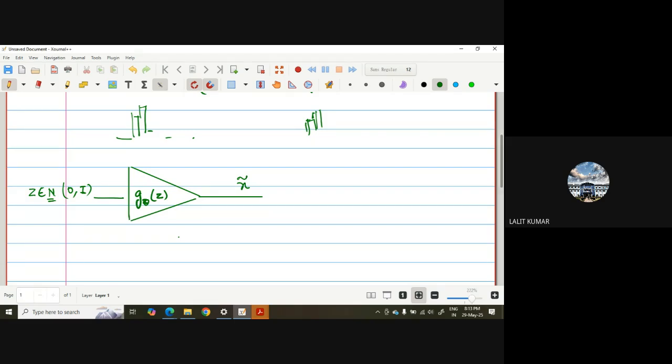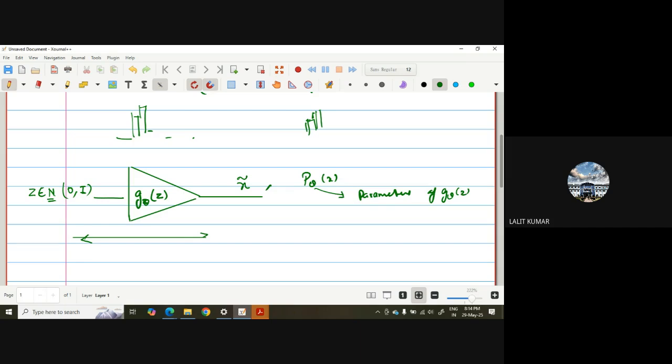We know that this neural network is capable of approximating any distribution, and its distribution we call p theta of x, where theta is the parameters of z theta of z.